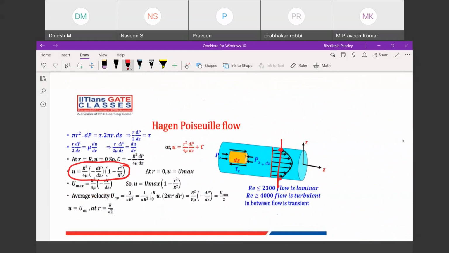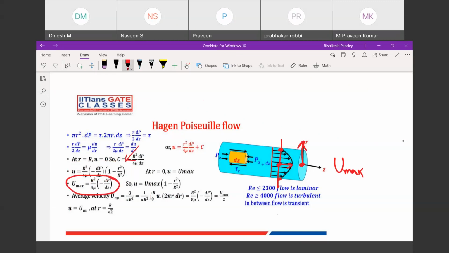At the wall, the velocity is 0. At the center, it is maximum. So if you want to calculate maximum velocity, put radius 0, because here we have cylindrical coordinates. So put r equals 0 in this equation. The equation you will get is the maximum velocity.